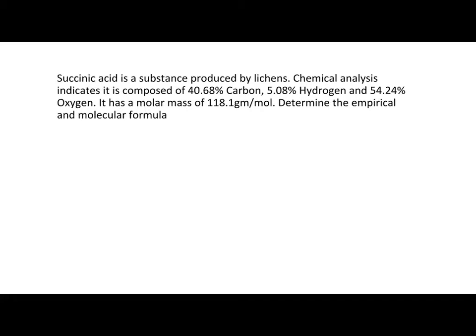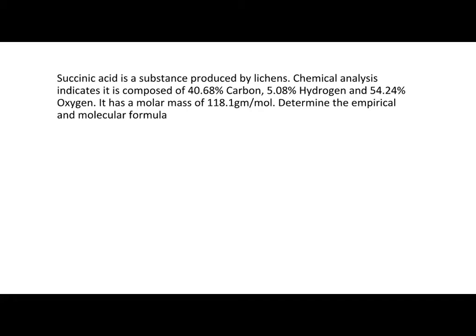So I have this problem. Succinic acid is a substance produced by lichens. What are lichens? It's a moss algae symbiosis. They live together. They grow on trees, rocks, near water. Those lichens produce succinic acid.